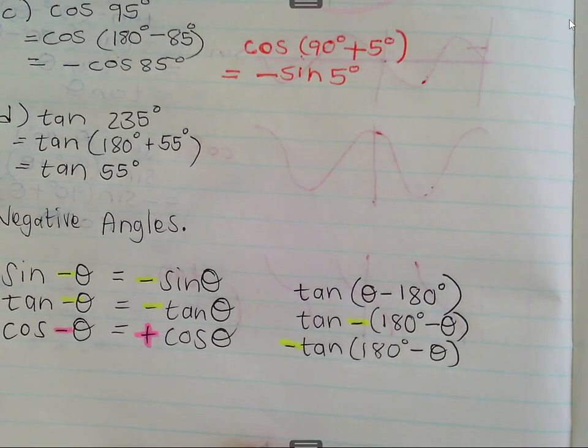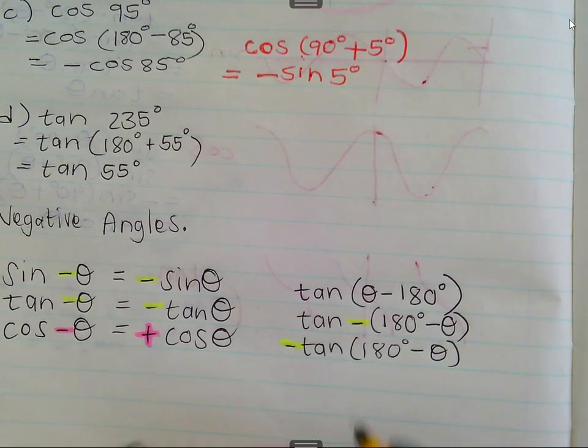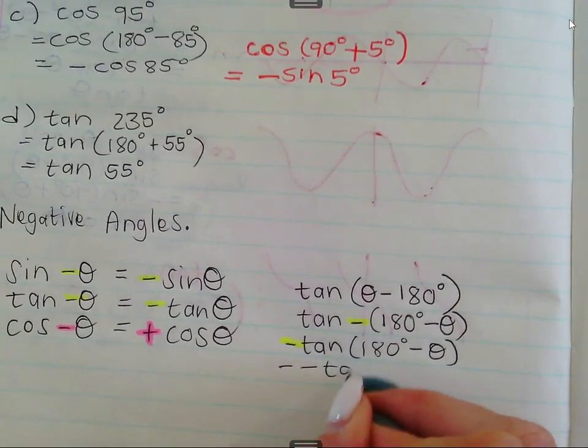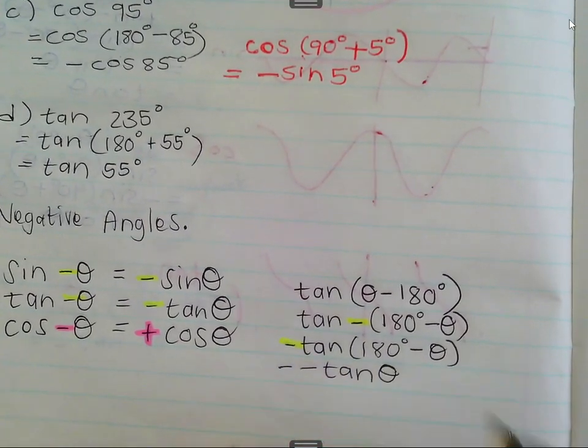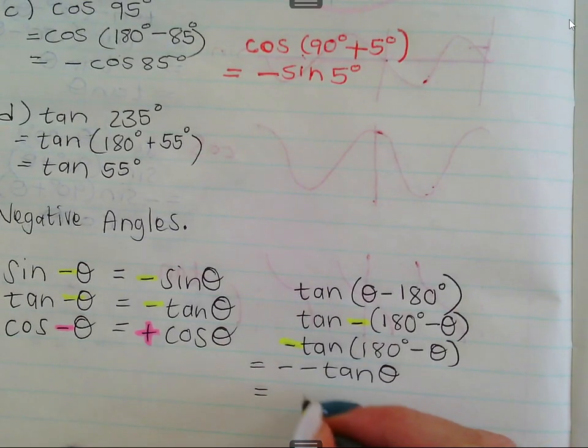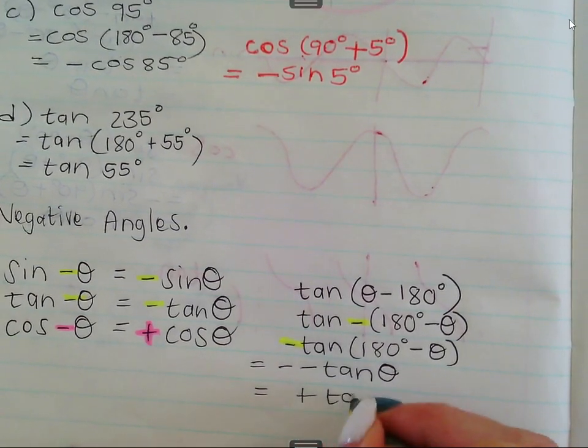Now you do it as you would have done it normally. So you go and you look at that. 180 minus, which quadrant is it? 2. What is tan in the second quadrant? Negative. Now you see there's another negative coming to the front. Now I'm just showing this so that you can see what is a negative and a negative. So it becomes positive tan theta.